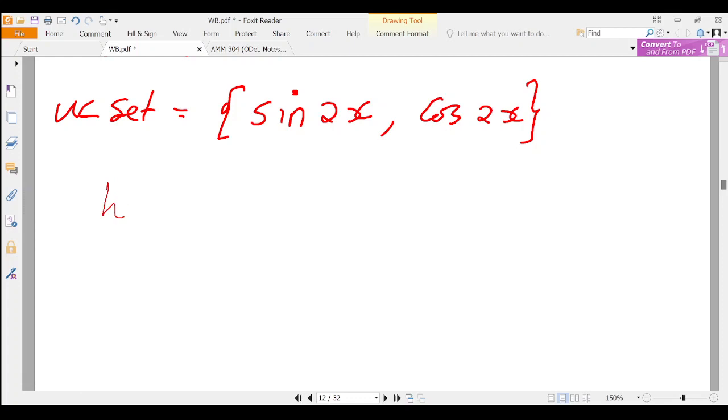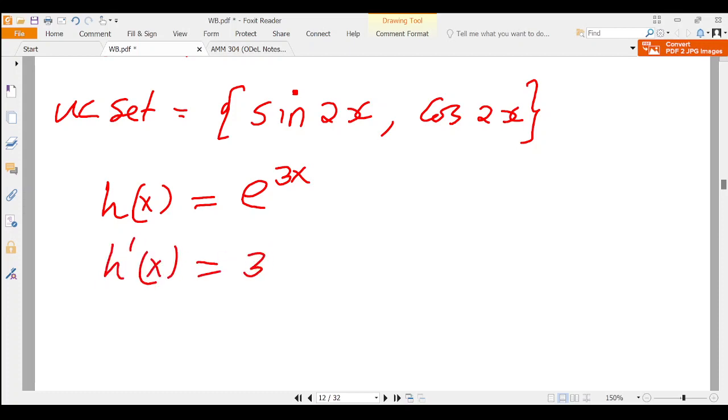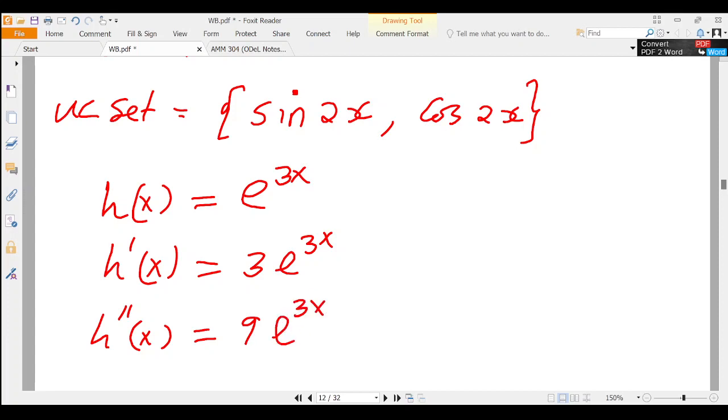If you take another function h of x, which is equals to, say, the exponential of 3x, and differentiate this one, we get 3 e raised to power 3x. We differentiate again, we get 9 e raised to power 3x. And we see that differentiating this function will not produce a new function. The only thing that will be changing is the coefficient here.